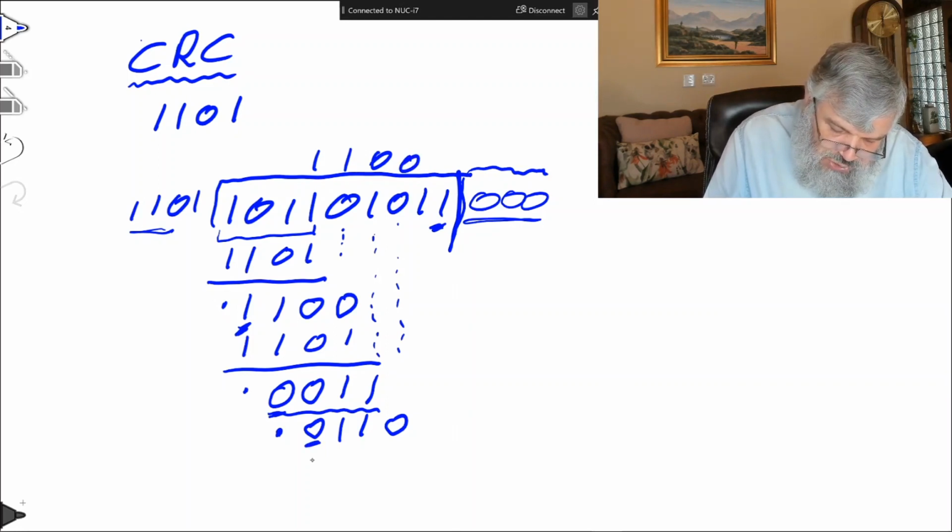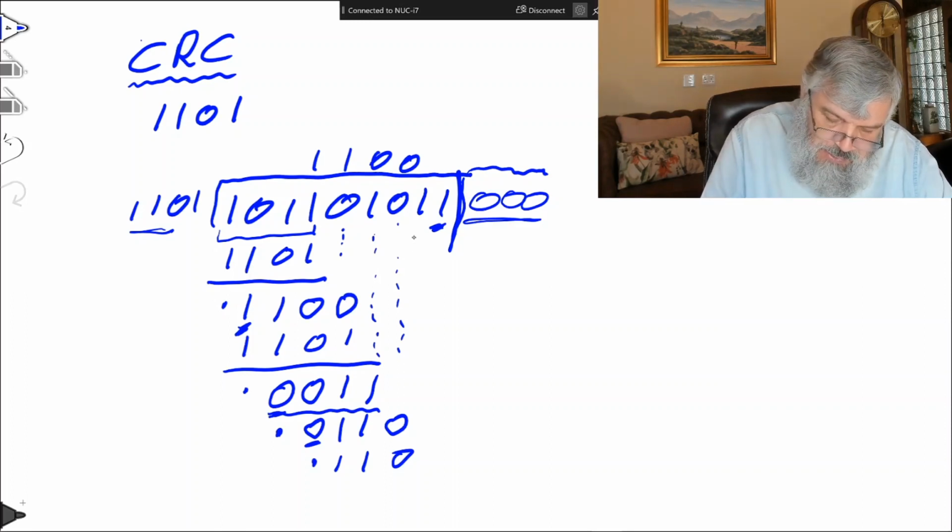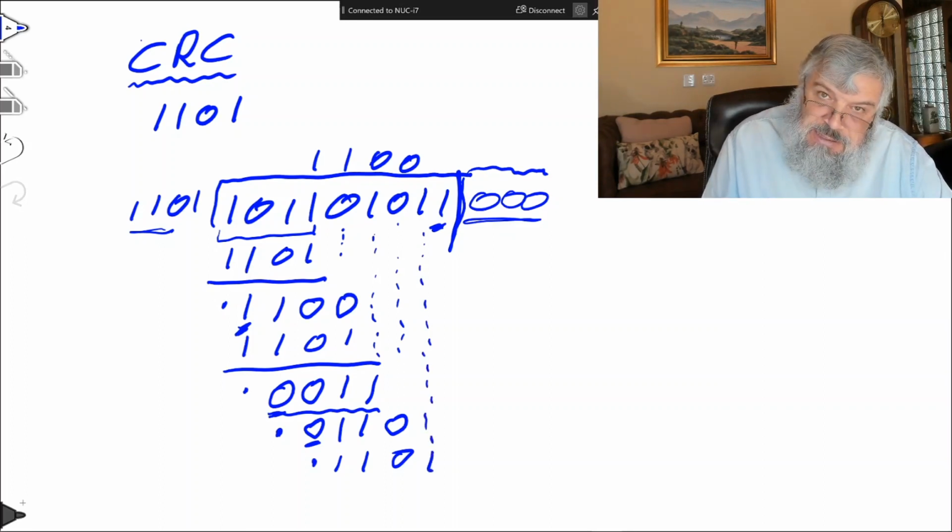That will leave me with a 1, 1, 0, again getting rid of that leading bit, and now I can bring down the 1 that is next in line.